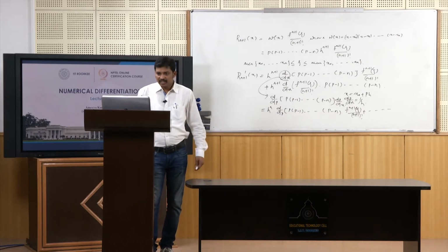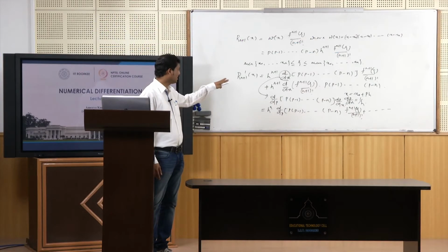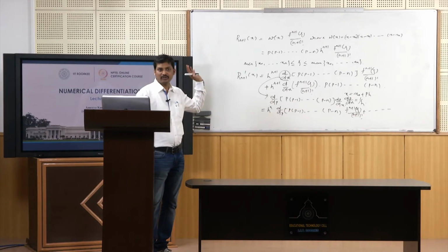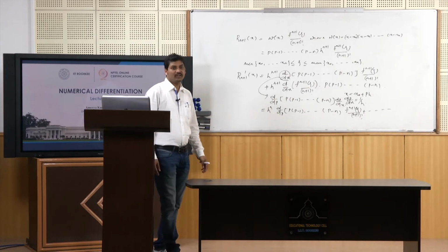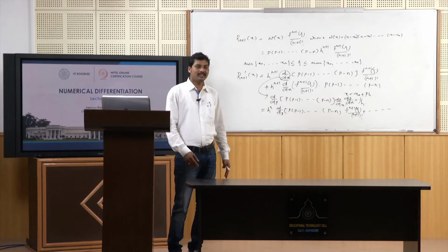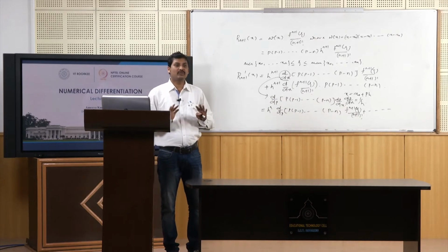But here, if we want to express this differentiation in the form of Newton's forward difference operators, then f to the power n plus 1 of zeta can be replaced as del to the power n plus 1 y0 by n plus 1 factorial. Obviously, we can express this in delta form, since, as I have explained in all these lectures, the tabular values are known to us but the function is not known explicitly.